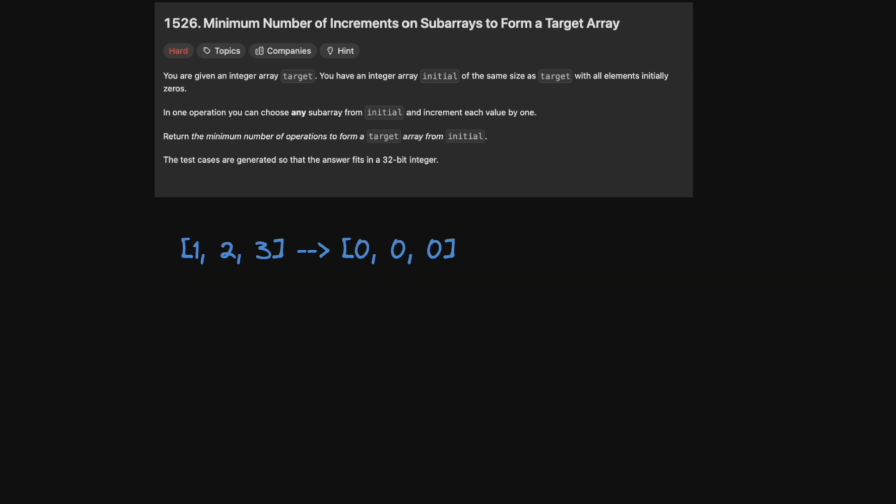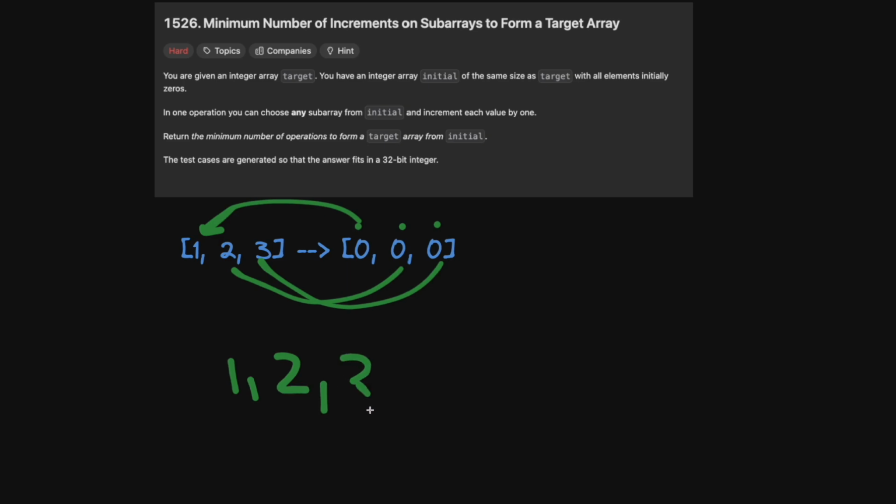Now, what we could do is have some sort of naive approach where we just increment each element by however many values are for each corresponding index in the actual target array, right? So for the first one, we increment it by 1. So we get 1. For the second one, we increment it twice. And then we get 3 times for the last one. In total, we get 6 total iterations.